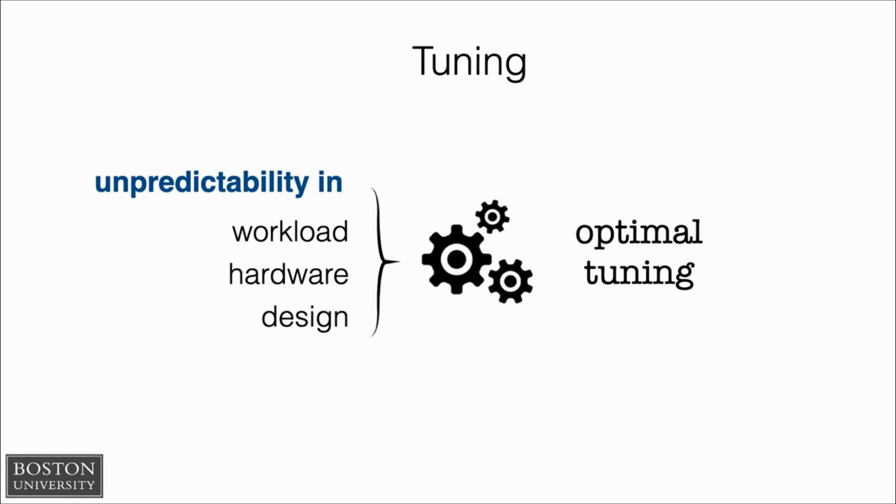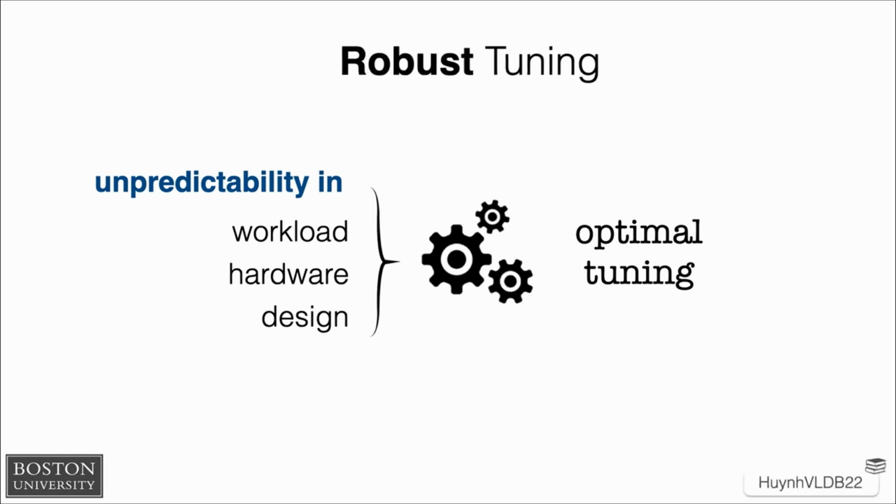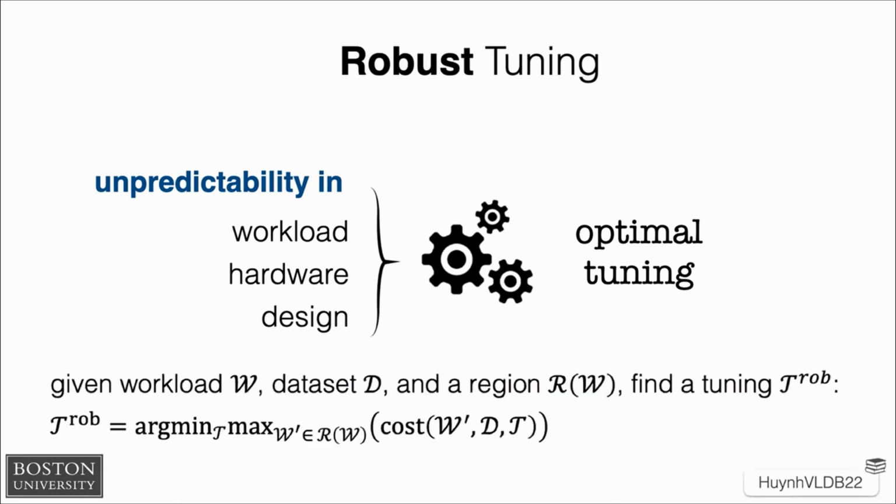The answer is no. So another type of tuning is called robust tuning, which is also going to be presented as a first effort later this summer at VLDB, where the idea is, now I know that I have a data set and the workload, but I also know that there is a region that my workload might come in with some probability, anywhere in that region, right? So now I don't want to find the minimization. I don't want to minimize my cost model. I want to find the one that actually gives me the closest to the optimal performance whenever the workload comes anywhere in that sphere.